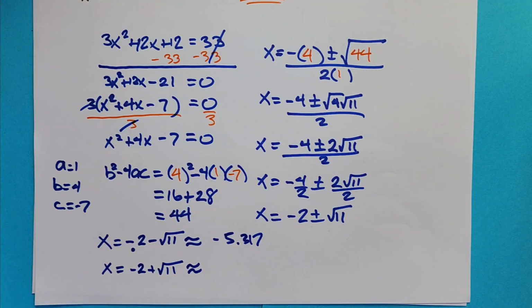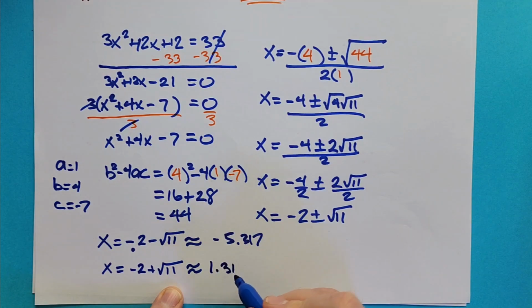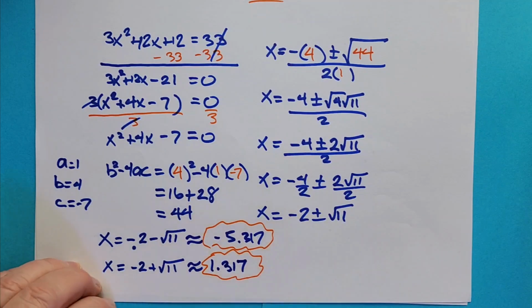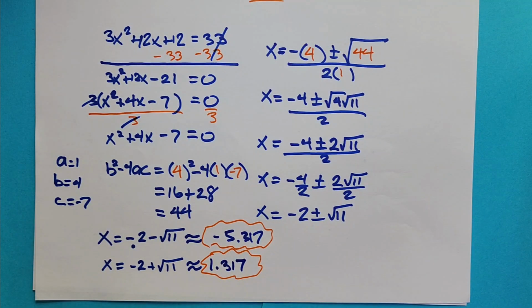And the other root then is 1 and 317 thousandths, roughly. So there's our two approximations to the roots. You know, the exact roots are over here, a negative 2 plus or minus root 11. But here's our approximations. And sometimes the approximations are very practical, especially in physics.